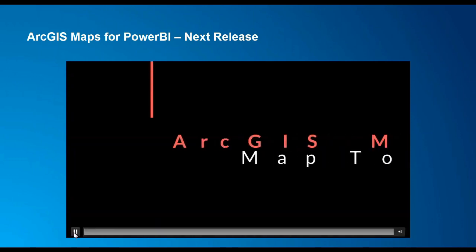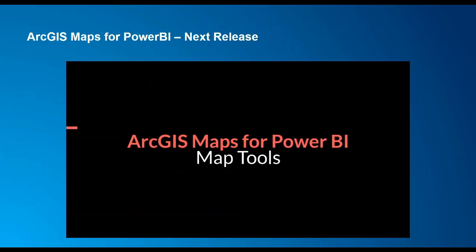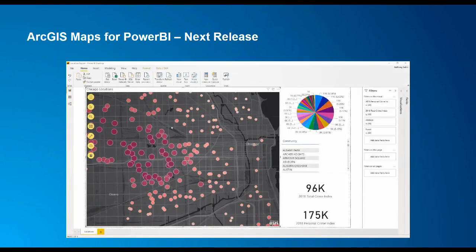So let me just go ahead and get this started. And you'll start right off the bat with maps for Power BI mapping tools. Now this video shows, for anyone using the Power BI visual today, you had to literally go into this thing we call in focus edit mode, and then you get a whole different way of doing things. We've changed that.